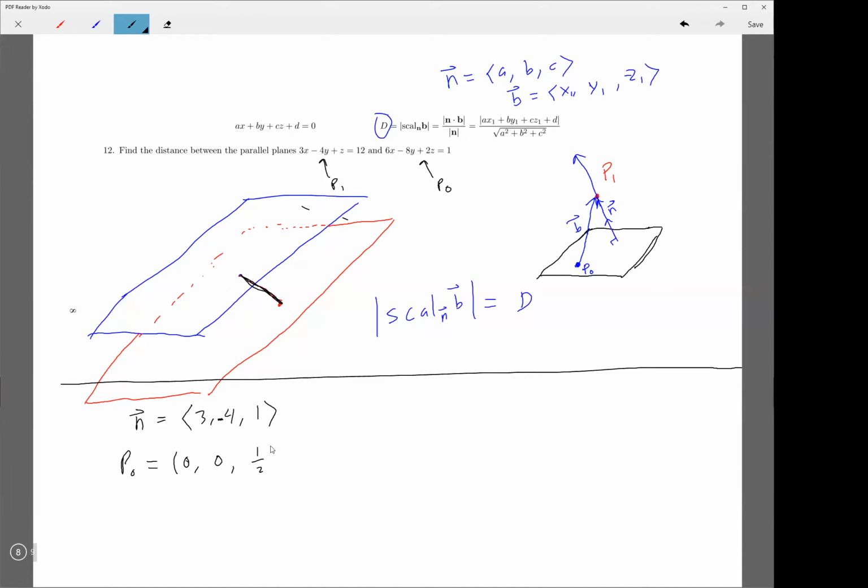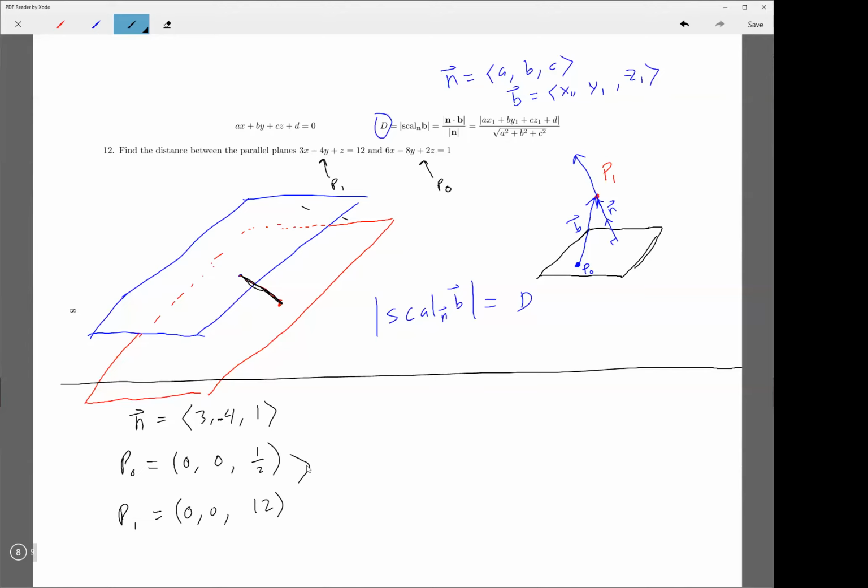If you set x and y both equal to 0, then z has to be 1/2 for that to work. Now we'll choose any point from the first one. If you set x and y both equal to 0, then z has to be 12 for that to work. So this point is from this plane, and that point is from that plane.